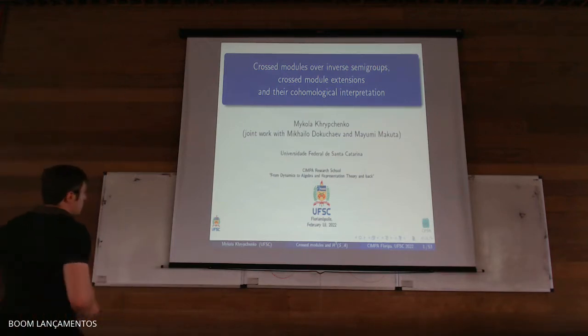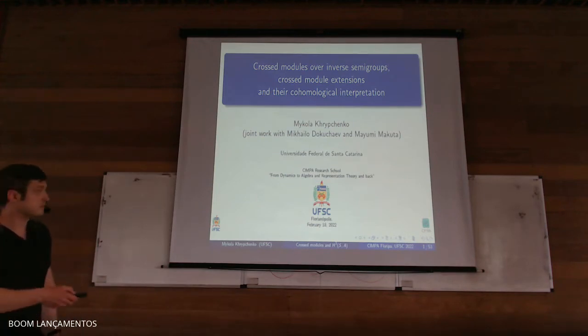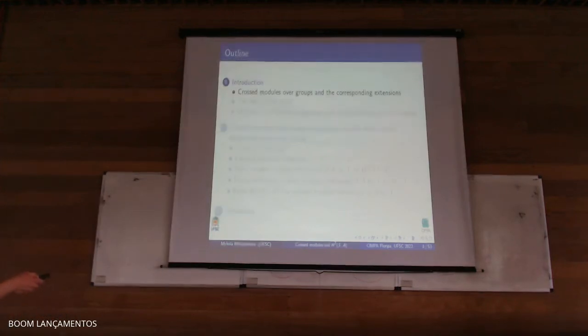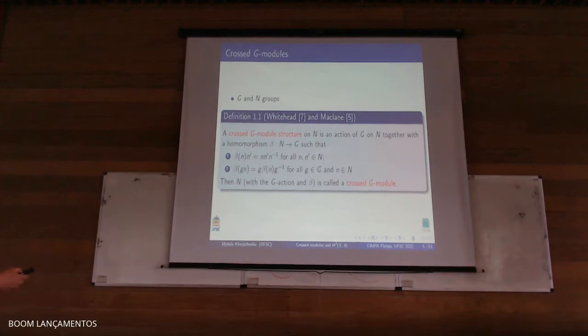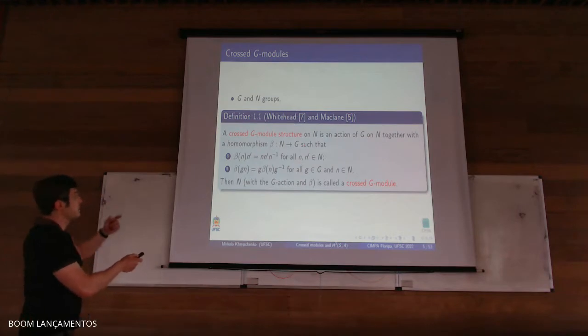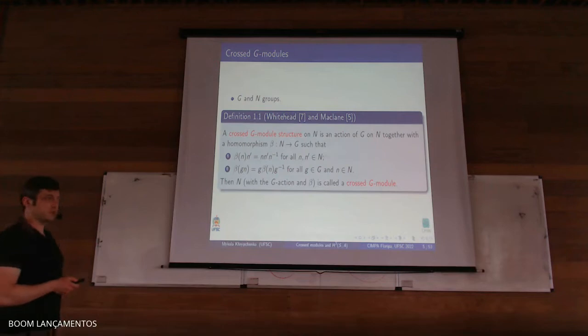Well, let me first recall what's going on in the classical case of groups. So what is a cross module over a group? It's an action of a group G on another group N, which is not necessarily abelian, together with a homomorphism β from the group N to G, which relates this action of G with conjugation actions.